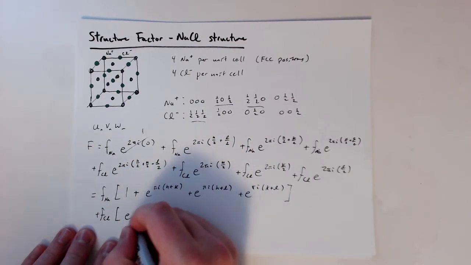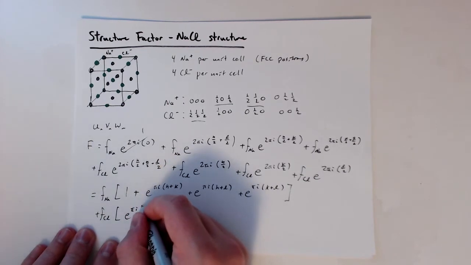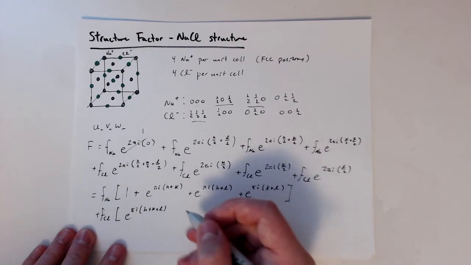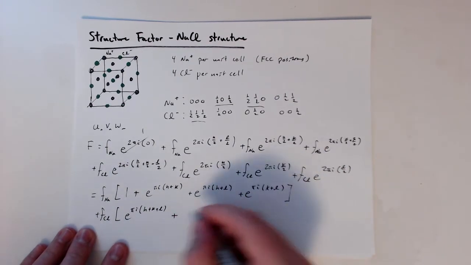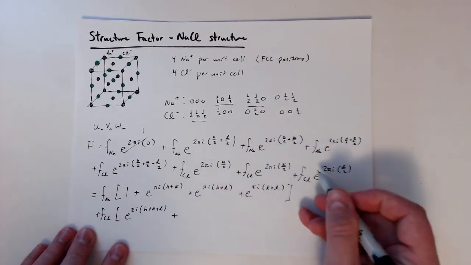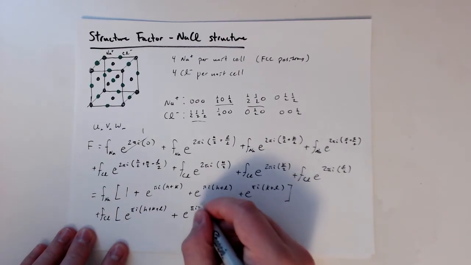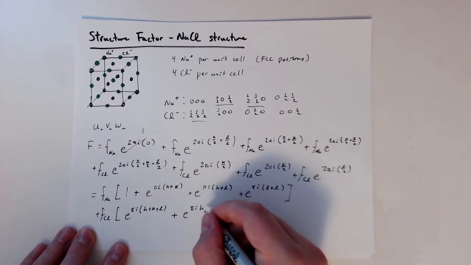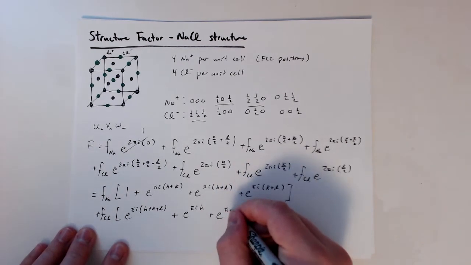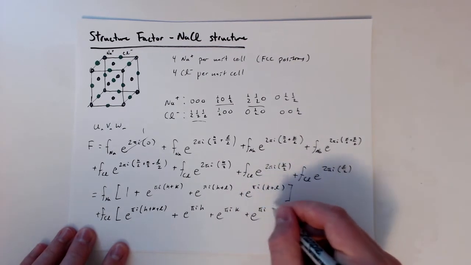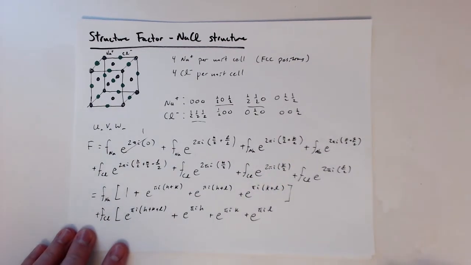So this is going to be h plus k plus l. Plus, and then again the 1/2s all factor out. I've got pi i times each of the terms, like that.